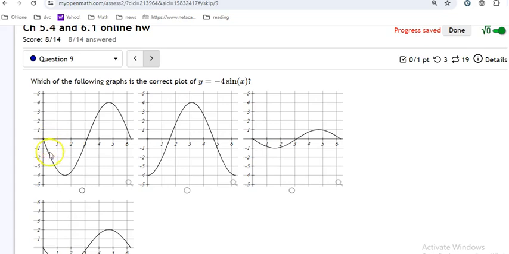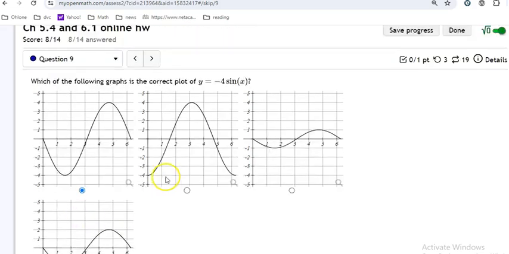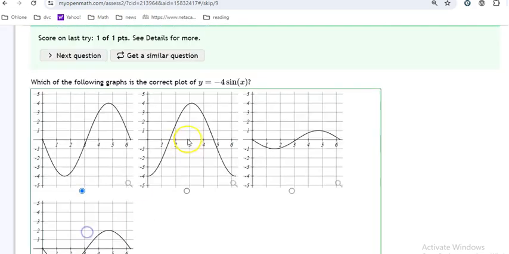This seems right, right? The graph doesn't have a b, so the period should be 2 pi: down to up like that. I think it's this one. This one is not right; it looks like a cosine graph. This one is just negative 1 and 1, and this one is negative 2 and 2. Also not right. So it should be the first one.